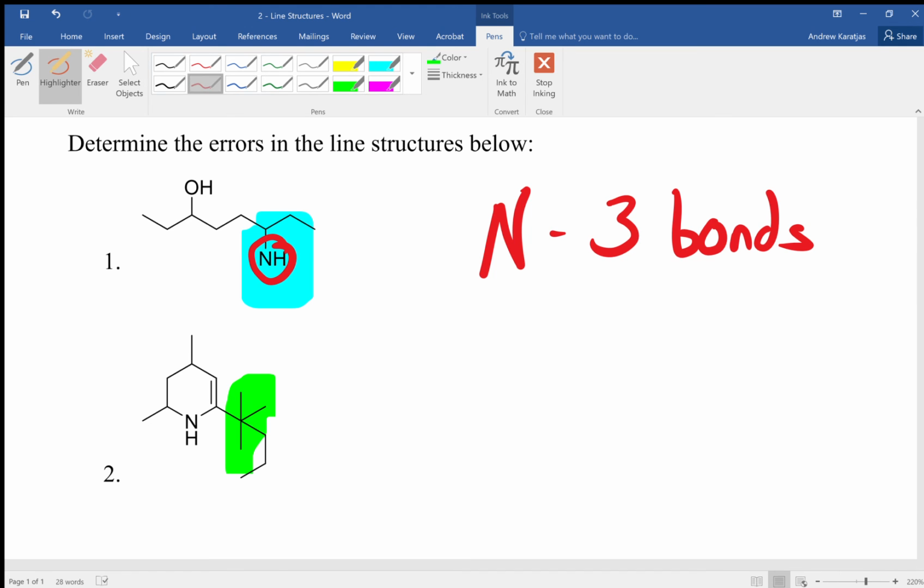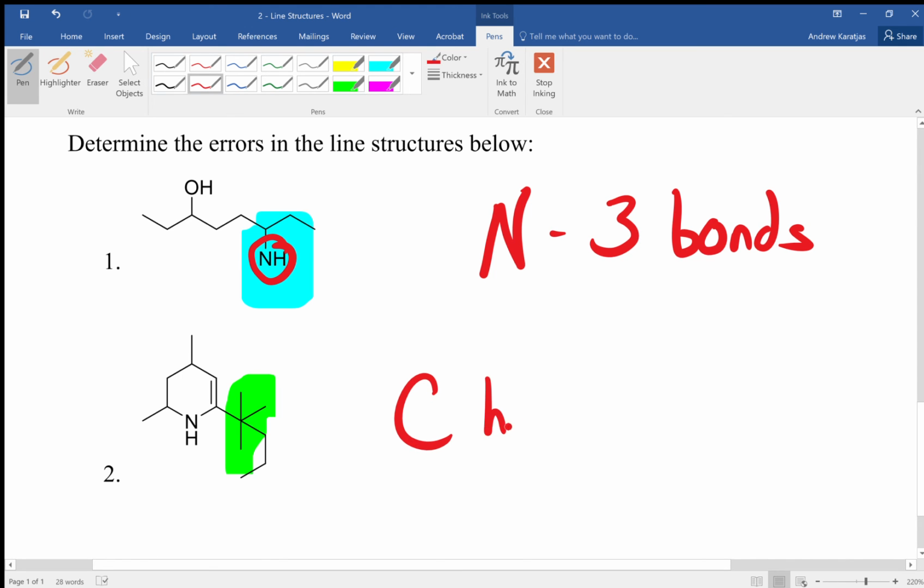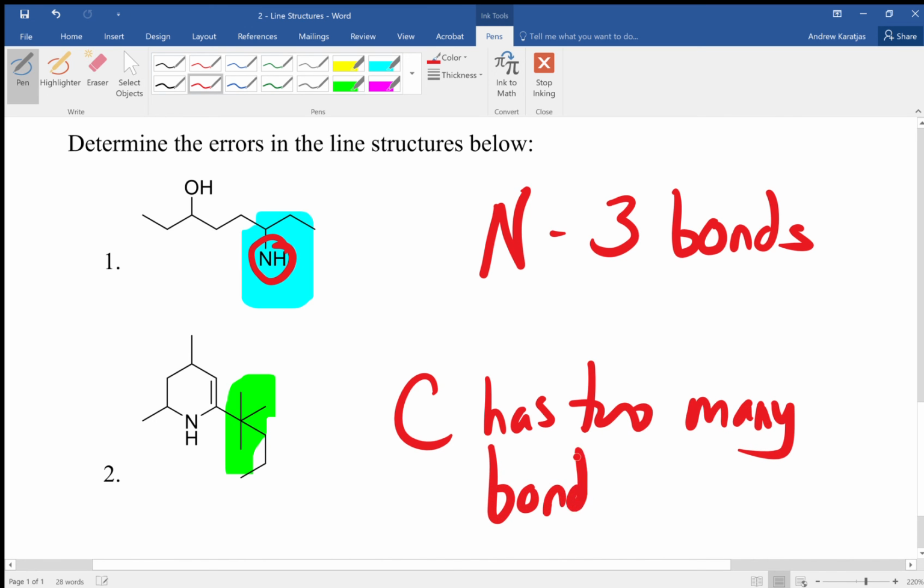We have a carbon that has too many bonds. Again, remember, carbon always has 4 bonds. Not 3, not 5, not 6. And certainly not, as one of my students did on an exam in 2011, please don't draw 17 bonds to carbon.